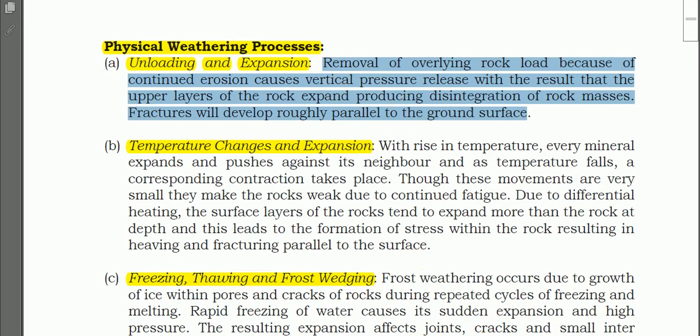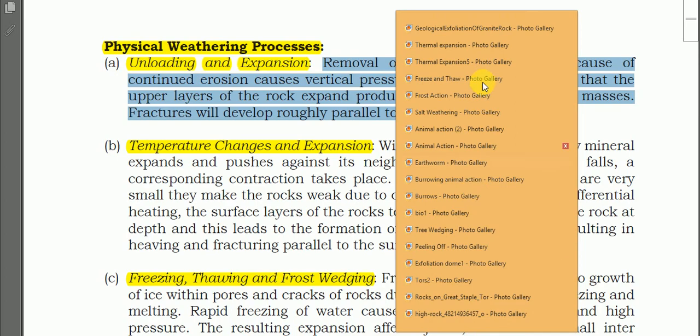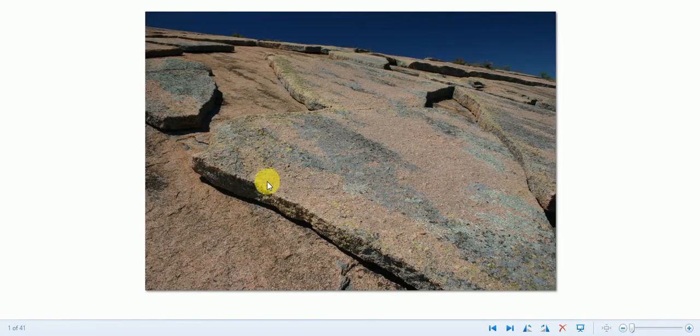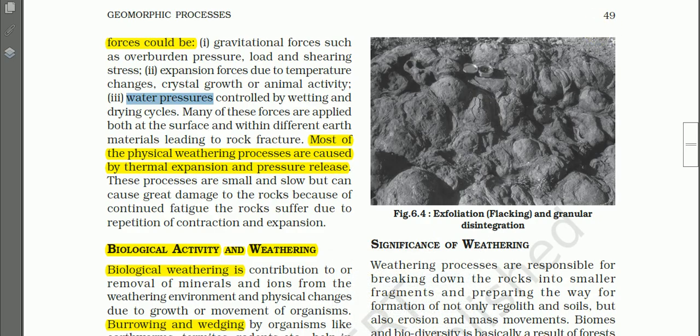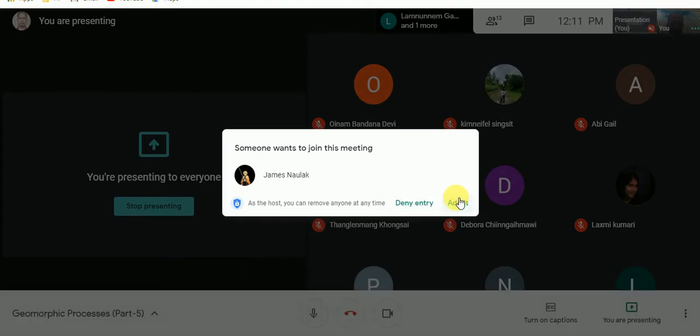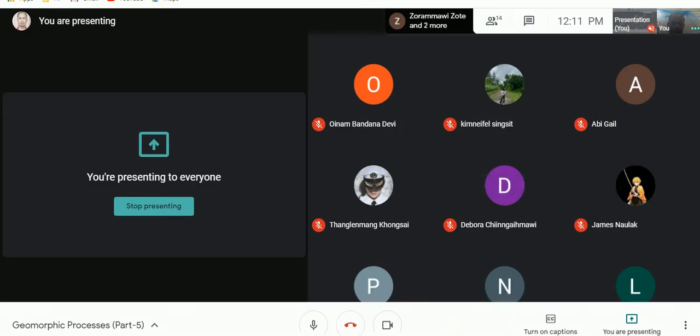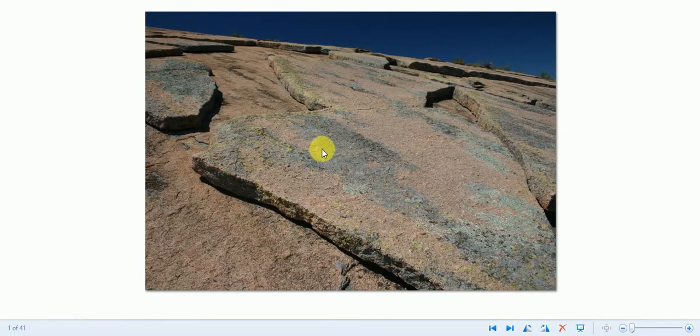Let me show one photograph about it. See here, this breaking of rocks in layers. I think you are seeing this surface rock breaking along this line, and this is due to the release of pressure. This process is known as exfoliation.